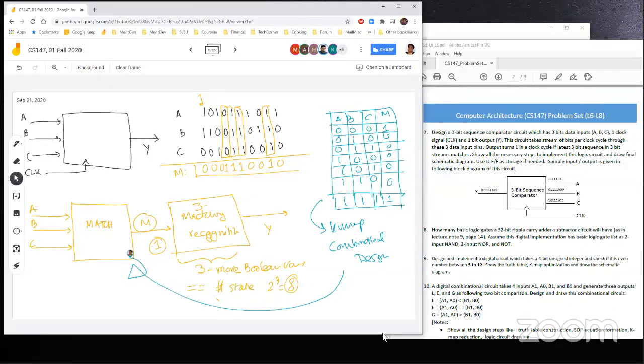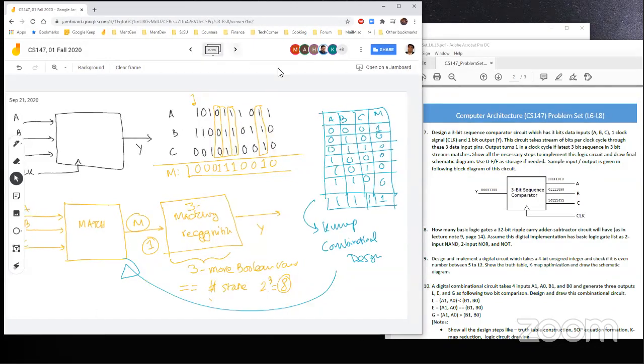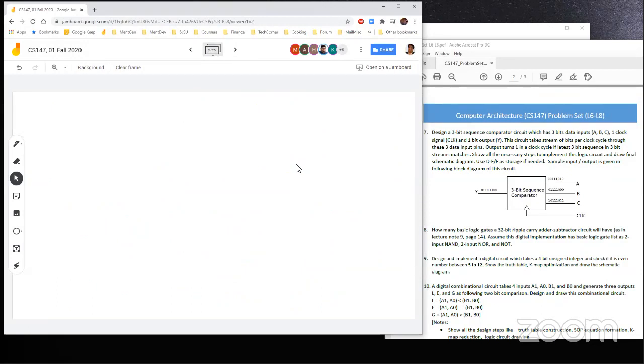Now from that, I want to make a state machine, right? With match as an input. So what I can do here is make a state, that's the initial state S1. And that's also the initial state, which is symbolized by this.